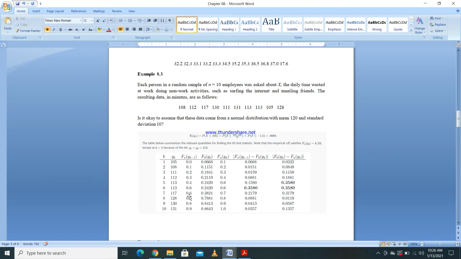Likewise, you can calculate the empirical distribution function for yk minus 1. And then, since we are talking about a normal distribution with mean 120 and standard deviation 10, we have to calculate all these values for this corresponding normal distribution.